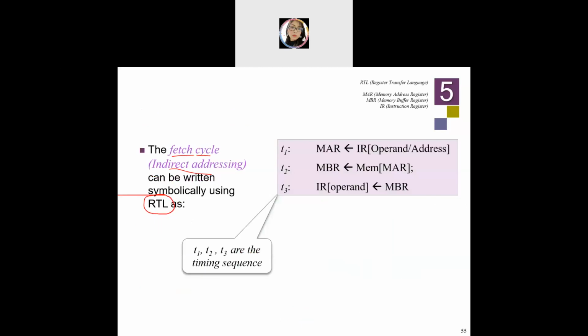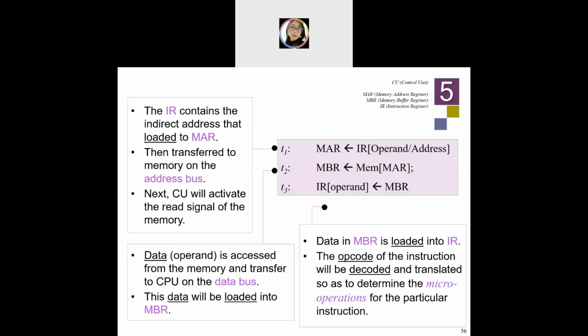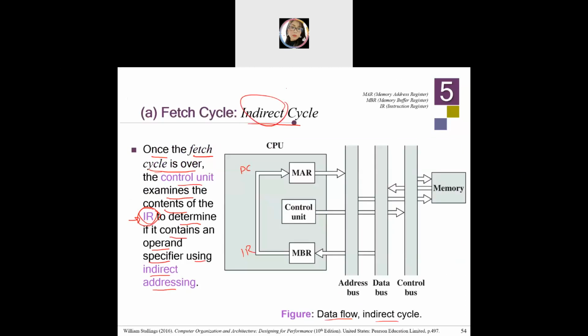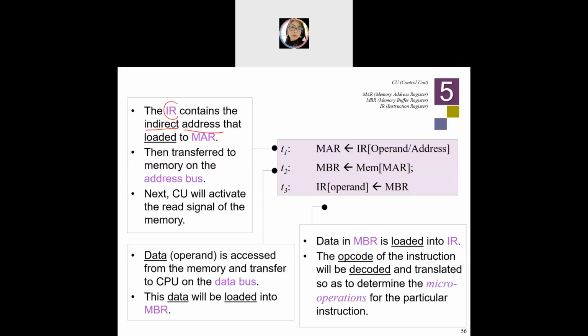First of all, when you have indirect, the IR actually already contains the indirect address. When you have the indirect cycle, you already have the content of the IR, and it is loaded to your MAR.